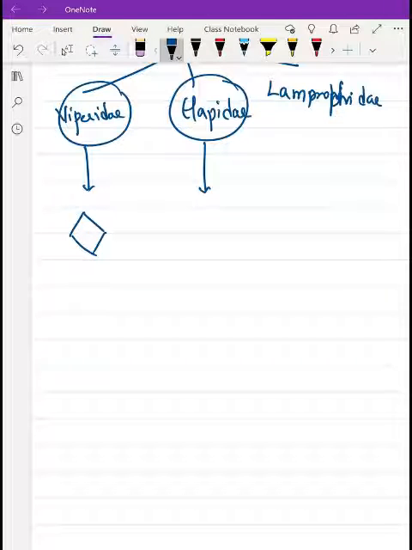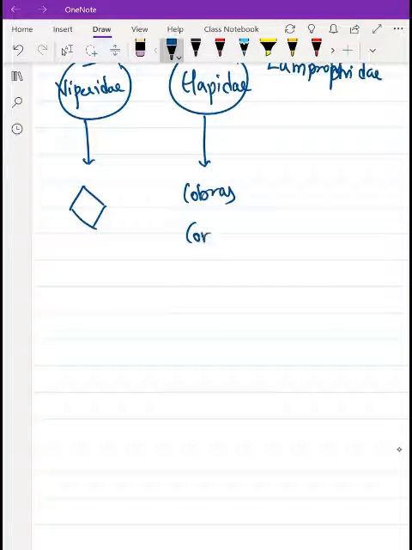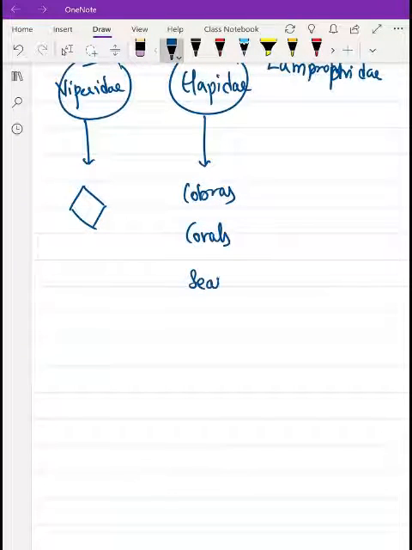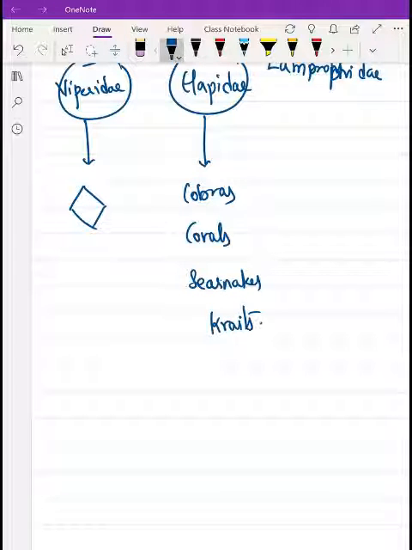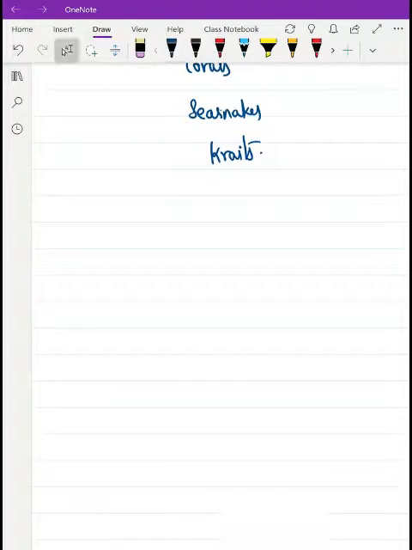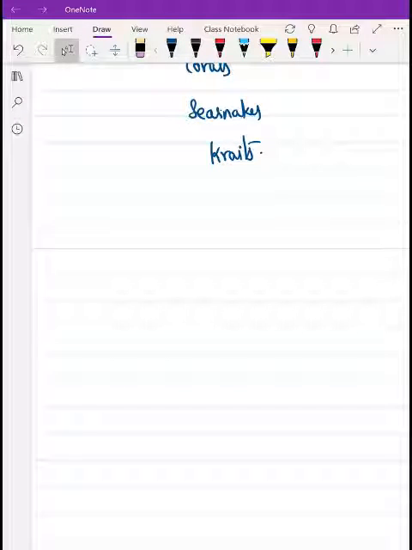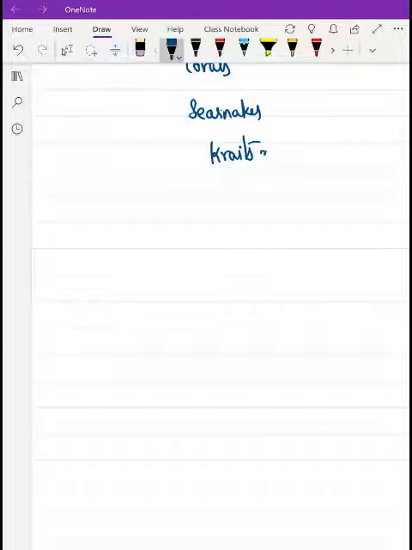Elapidae. The snakes which come under this category are cobras, corals, sea snakes, and kraits. Now we discussed the snakes. But the majority of snake bites are by non-venomous snakes.